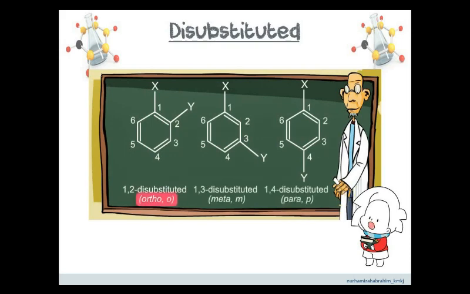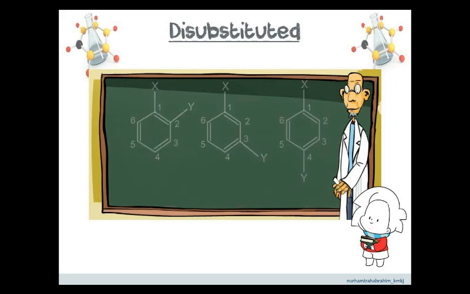Ortho, from the Greek meaning straight, means a 1,2-disubstituted benzene, with the substituents on adjacent carbon atoms. Meta, from the Greek meaning after, indicates a 1,3 derivative, and para, Greek for beyond, a 1,4 derivative. Ortho, meta, and para locators are normally abbreviated to o, m, and p, respectively.